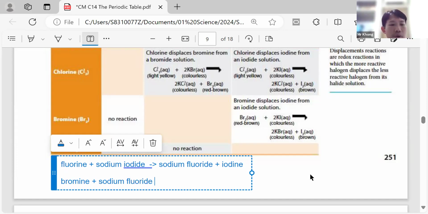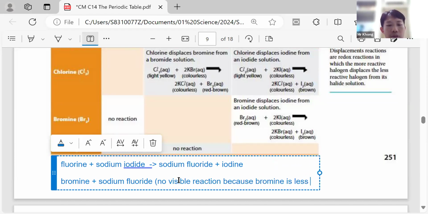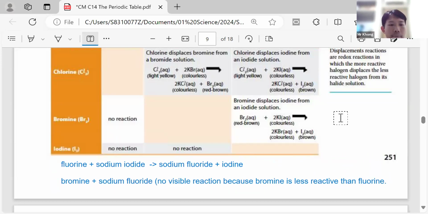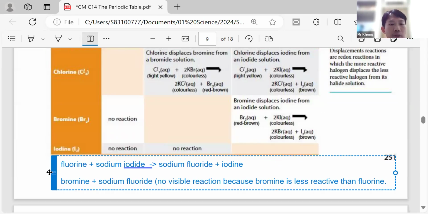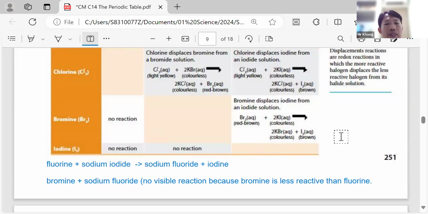In this combination, because bromine is less reactive than fluorine, there will be no reaction here, or rather no visible reaction, because bromine is less reactive than fluorine. So this is the concept behind our displacement reactions, in which the more reactive halogen displaces the less reactive halogen.